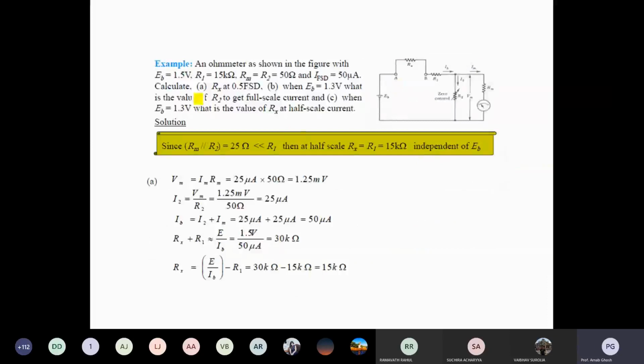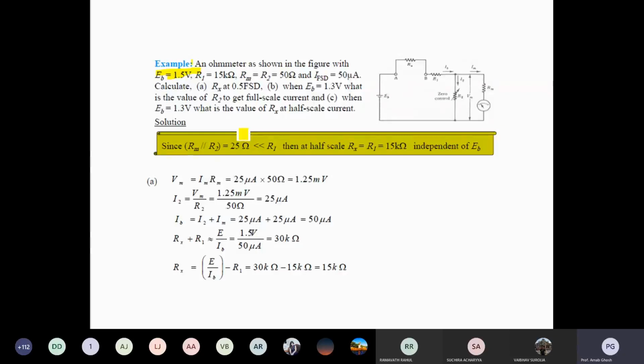One example is there. It is written that an ohm meter as shown in the figure has EB equal to 1.5 volt, R1 is 15 kilo ohm, Rm equals R2 equals 50 ohm and IFSD equals 50 microampere. All are given.